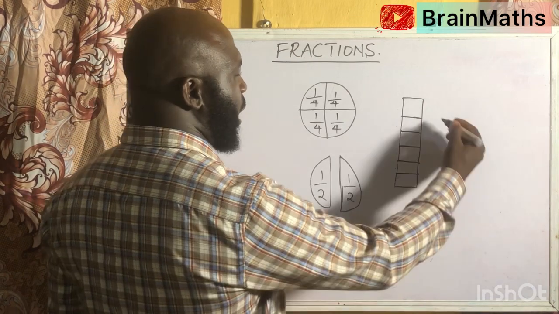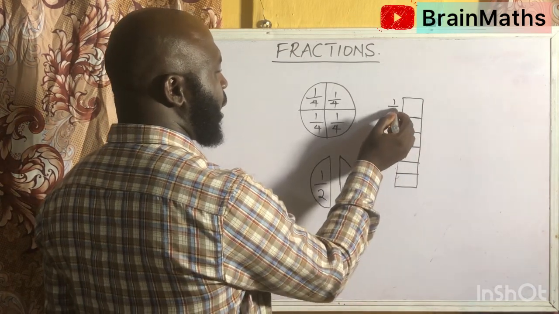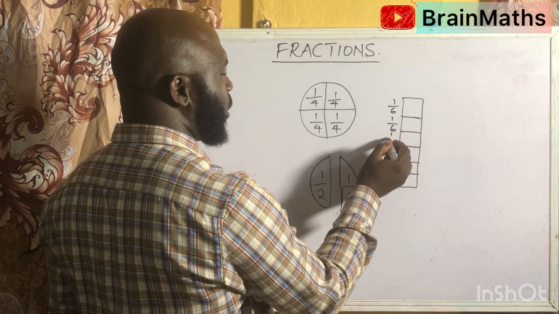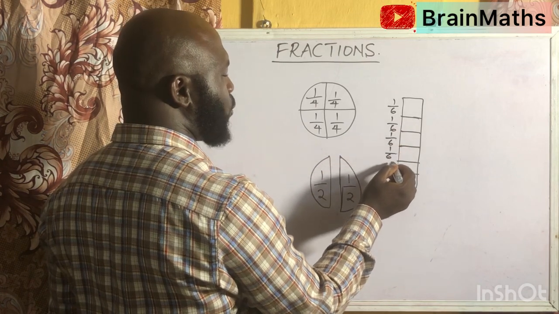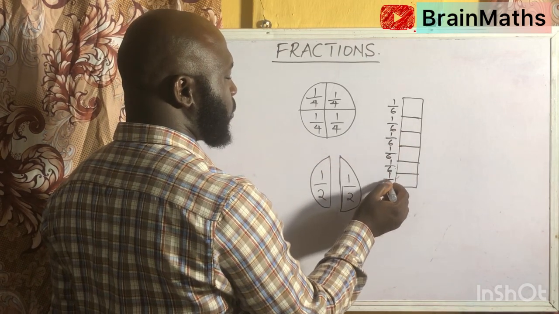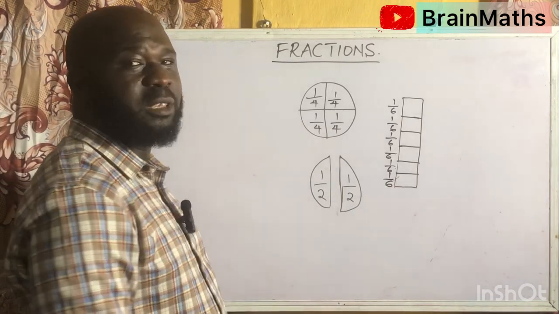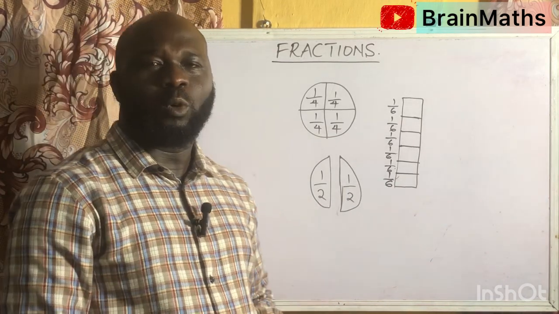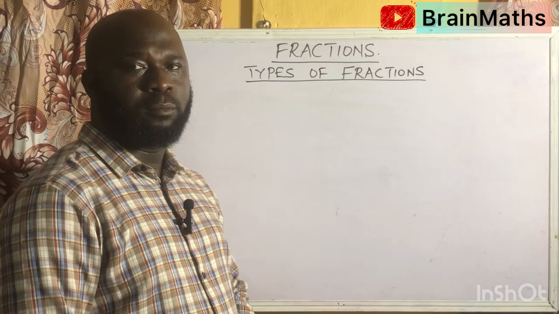Each of these is regarded as 1 over 6. Each part is regarded as 1 out of 6. So this is a simple example of what a fraction is.